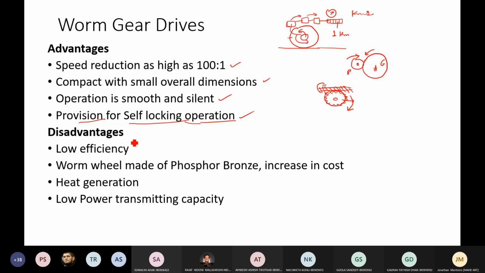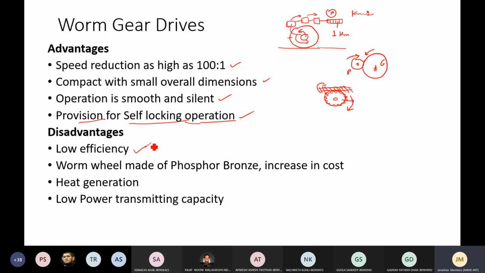Disadvantages. As already mentioned, the operation is such that it slides over teeth by teeth, giving rise to very high speed reduction, and the speed reduction also means very high torque. Very high speed reduction gives low efficiency.